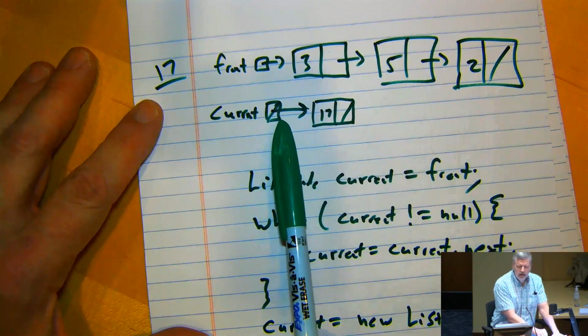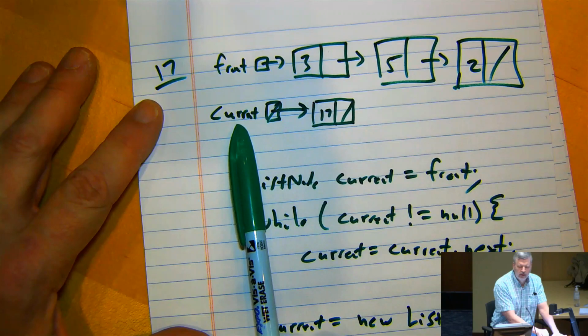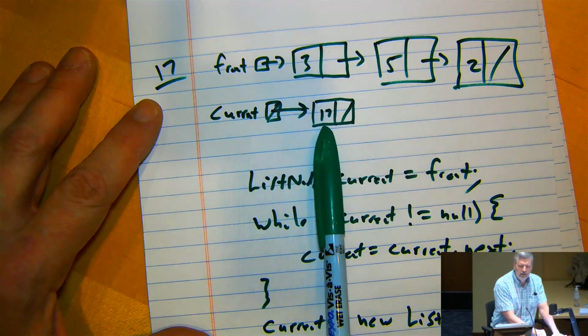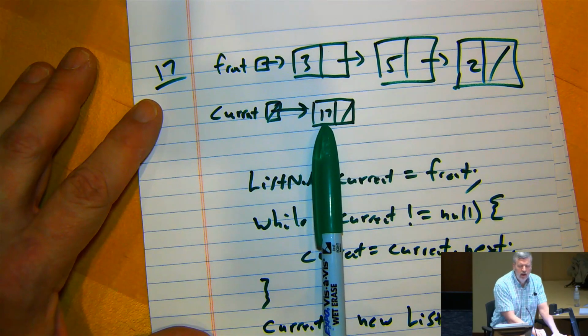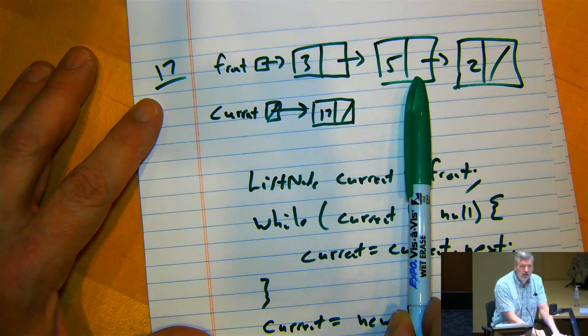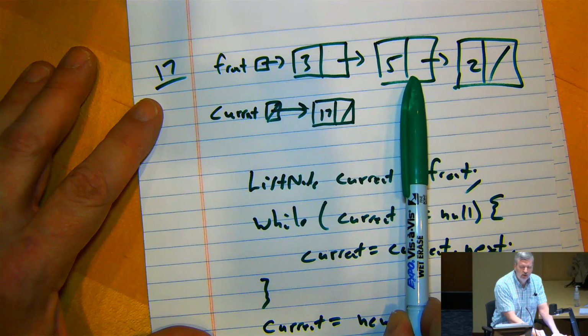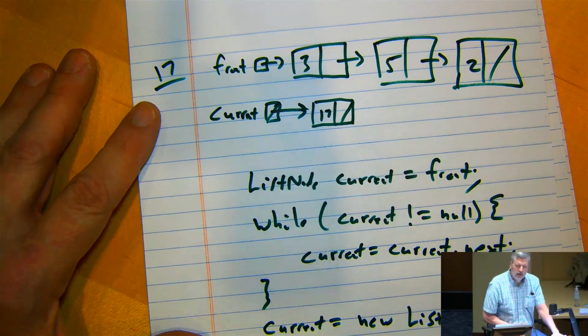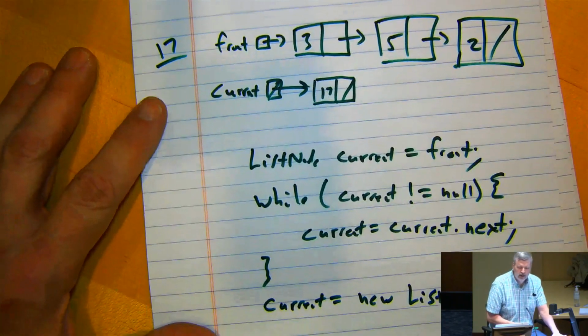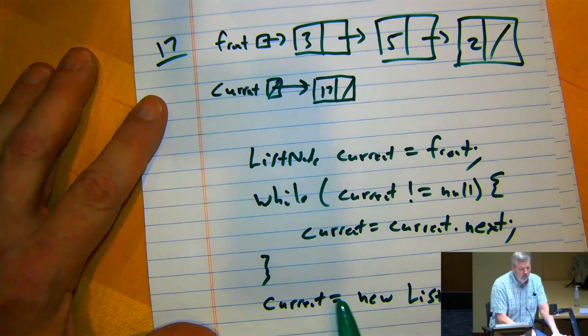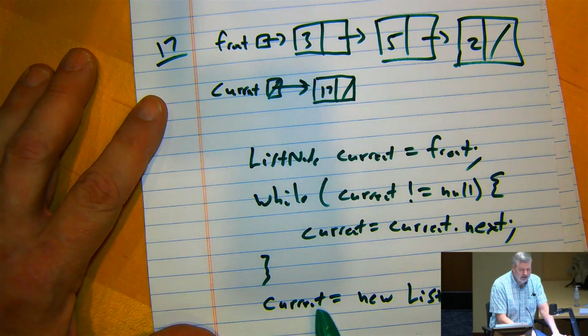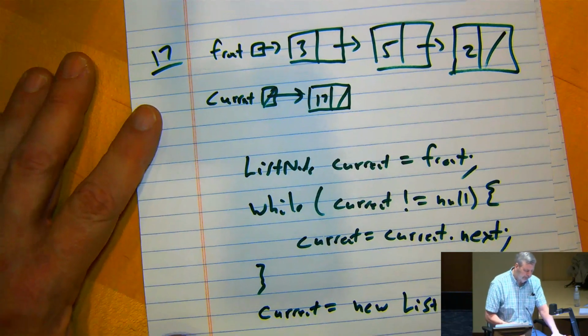So what we've done is to set up a variable called current, which is a local variable that refers to a brand new node, but that brand new node has no connection to the list that we constructed over here. So, and this is a very, very important thing to understand. I'm not quite sure why people think this is going to work, but it's common. A lot of students seem to be confused by that.